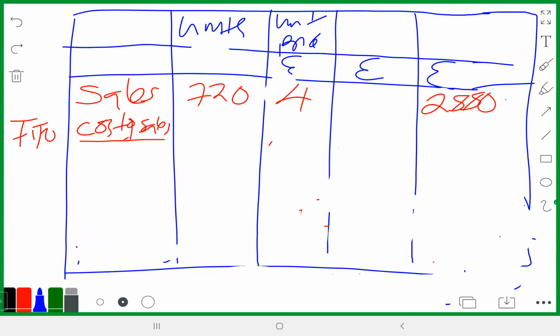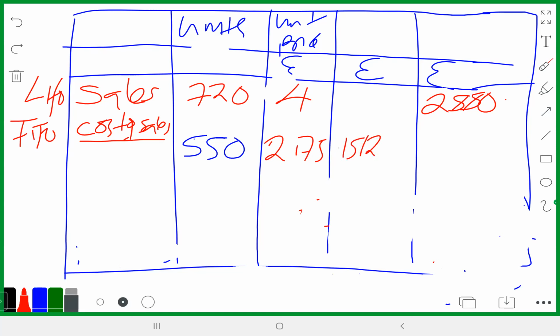So the first thing that you issue are how many units? 550 units at 2.75. What is the value? 1512.5.